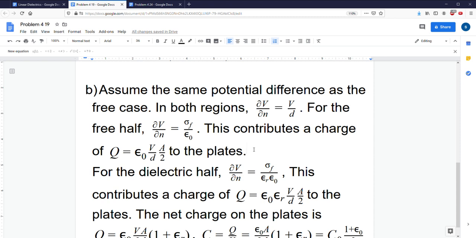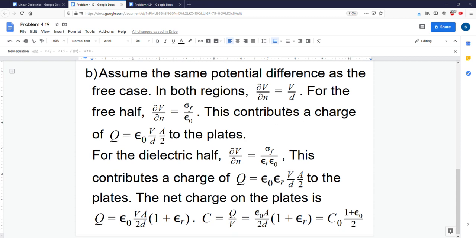For the half of the plate that has a dielectric material in it, we still have a similar relationship, only now it's sigma F over epsilon R times epsilon naught. We can again solve for sigma F and multiply by the area, which again, remember, is 1/2 of the total area, and this is the charge on the dielectric half of the plate.